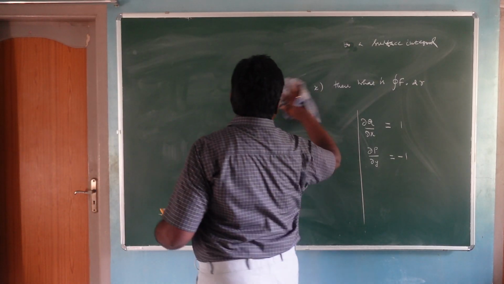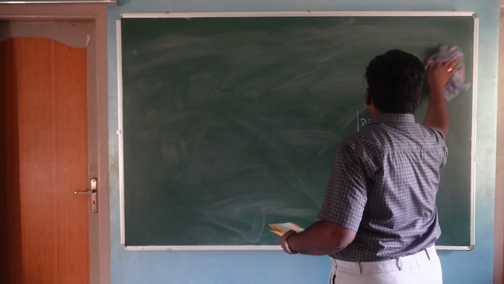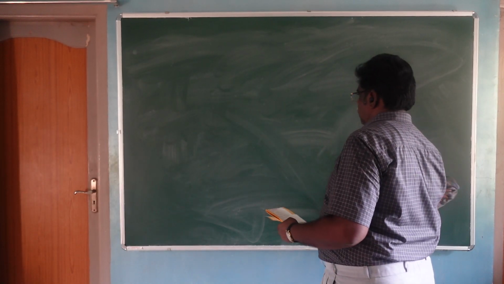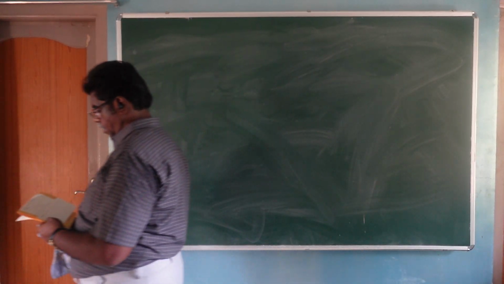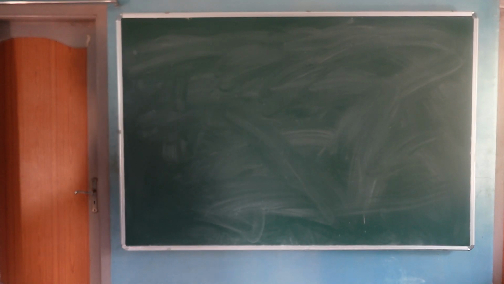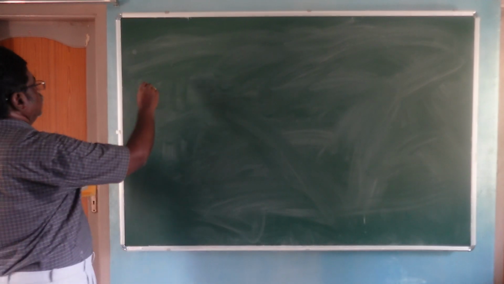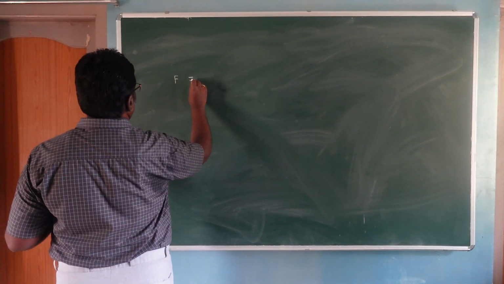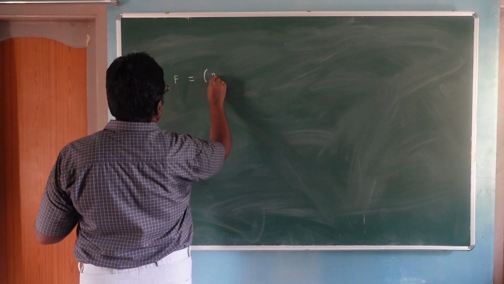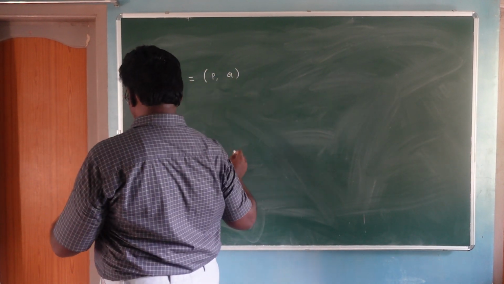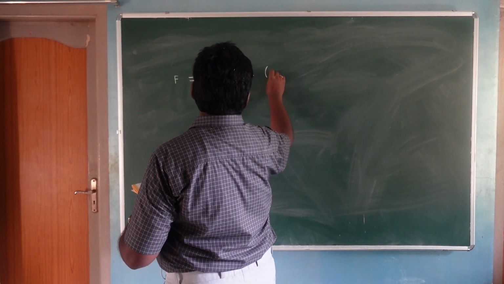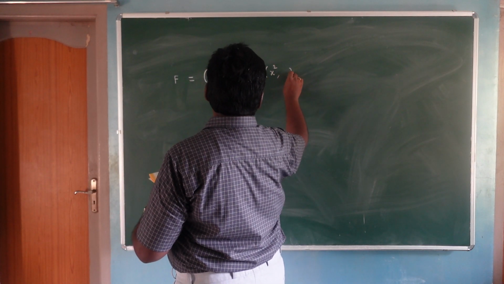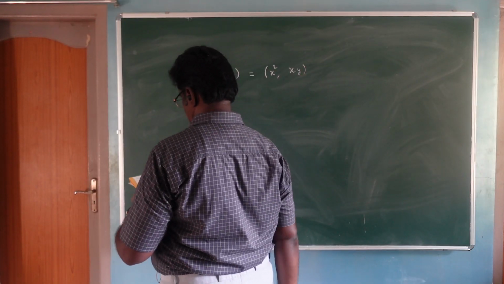That is the fifth problem. F is equal to (P, Q), which is equal to (x square, xy).